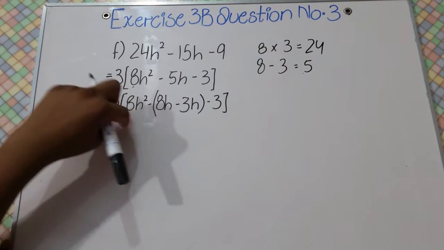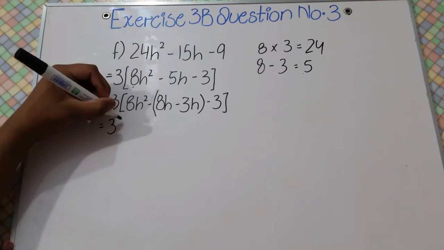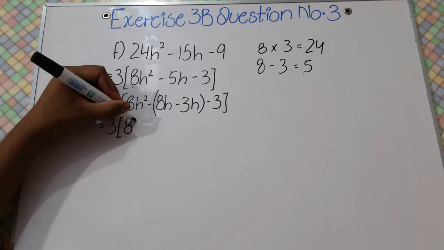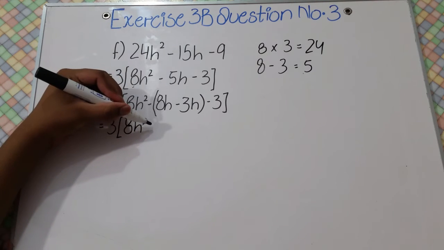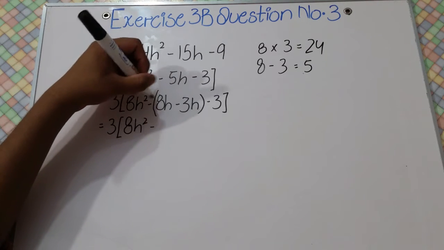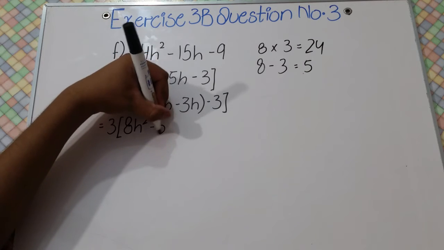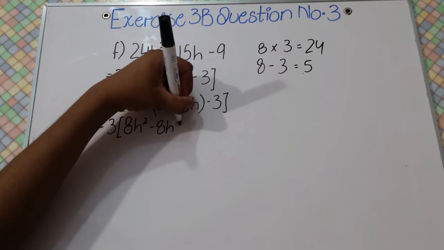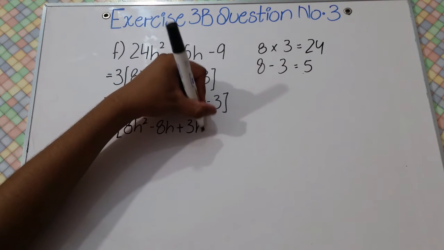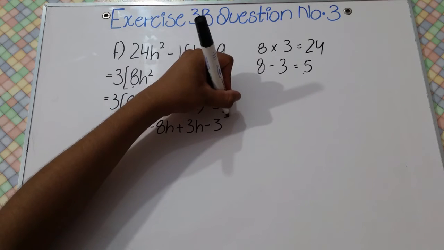Now I'm going to open the bracket. 8h square minus minus plus minus multiply by 8h, so minus 8h and minus minus plus 3h minus 3, brackets.